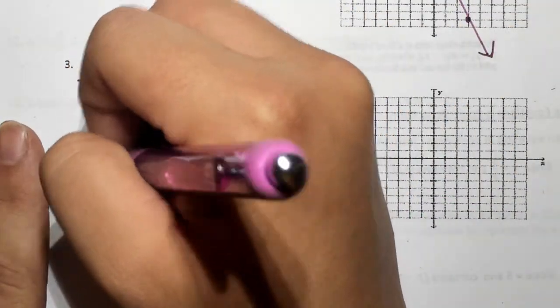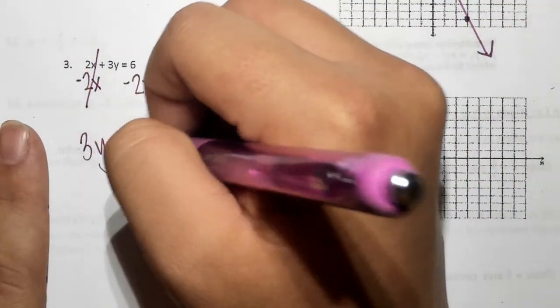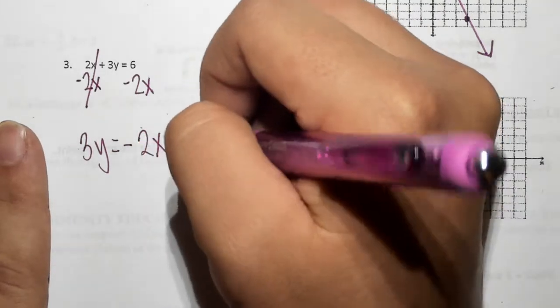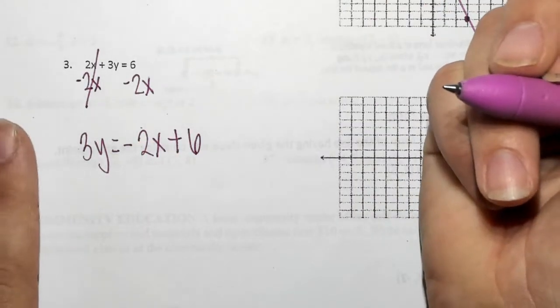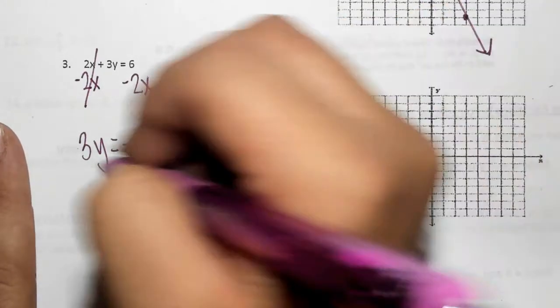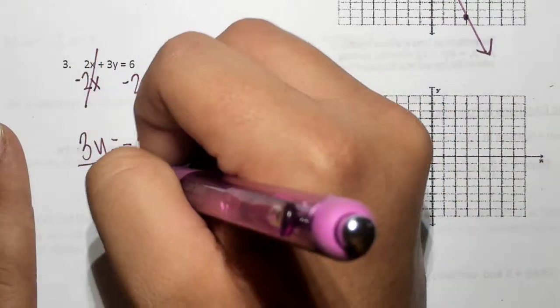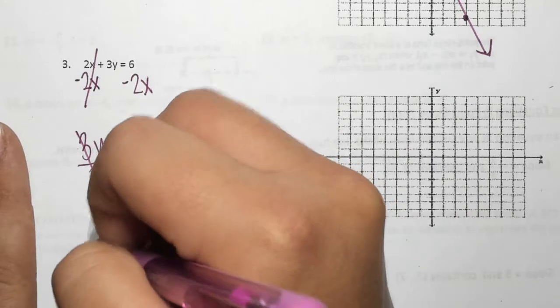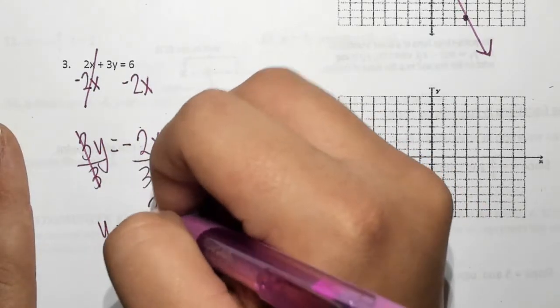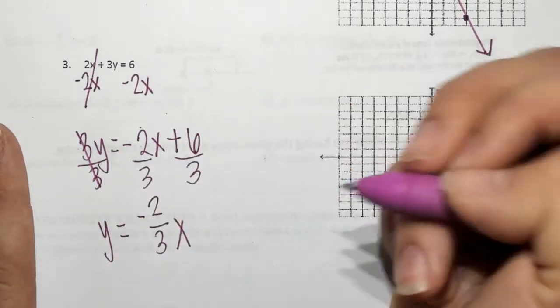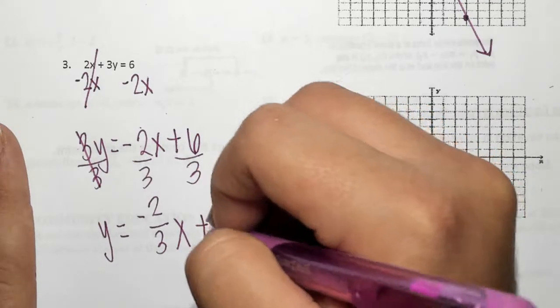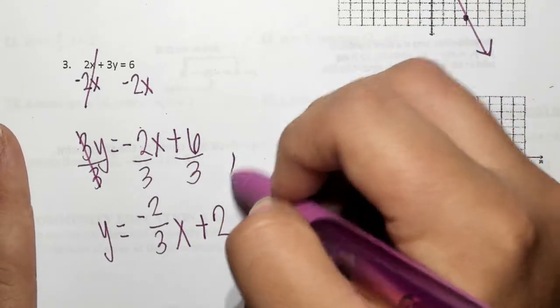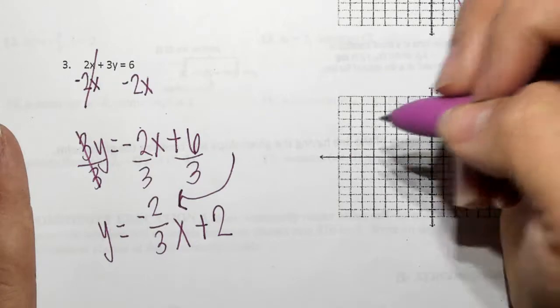And you'll have 3y equals negative 2x plus 6. Now what? Divide by 3. So your 3's cancel. Y equals negative 2/3 x plus what? 2. Plus 2.